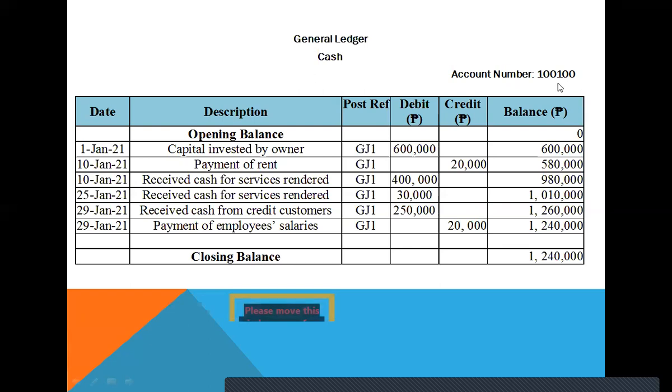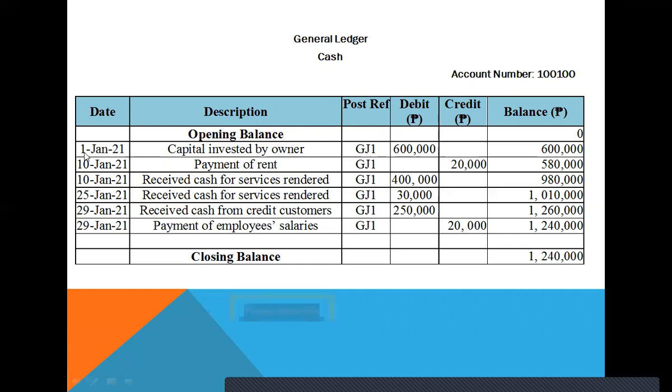Here we have the date, the description, and the post reference. The post reference means that this transaction was taken from the general journal page 1, from journalizing of entries, then debit, credit, and the balance.